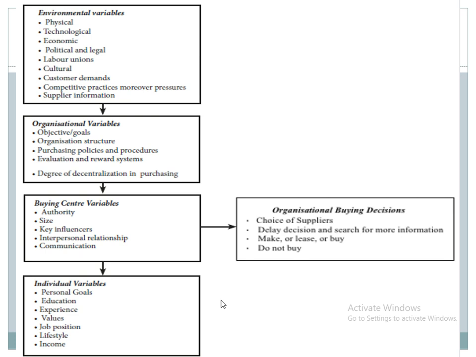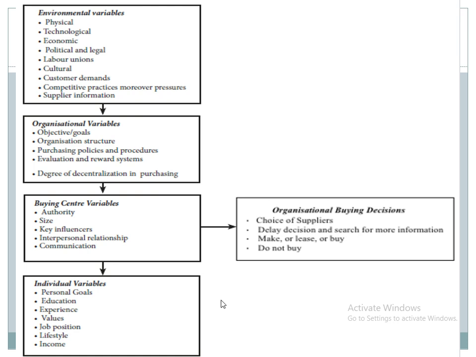These variables particularly influence the composition and functioning of the buying center, and also the degree of centralization or decentralization in the purchase decision function in the buying organization. Now, this is the Webster and Wind model of organizational buying behavior. It is adopted from the source R. E. Webster Jr. and Y. Wind, and it was published in 1972 in the Journal of Marketing.